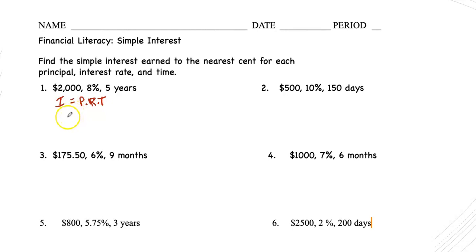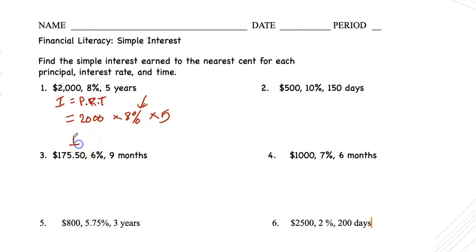Then you're going to replace the principal with the 2,000 times 8% times 5. So 2,000 times 8% times 5. If you multiply that out, remember you have to use the percent key or change it to a decimal.